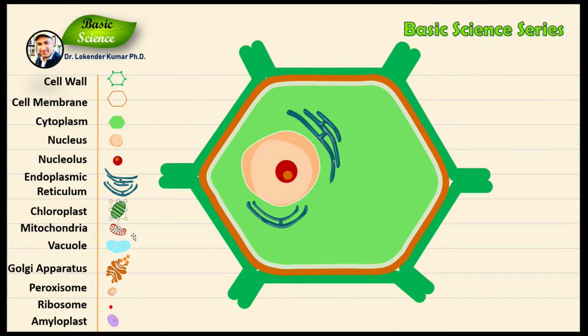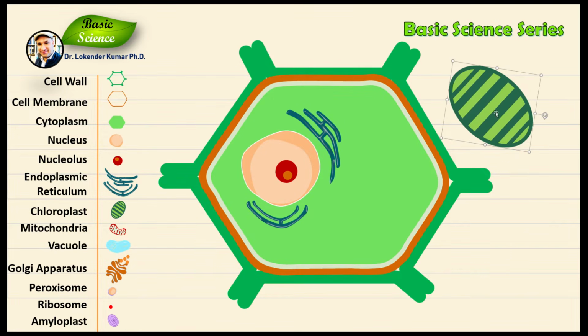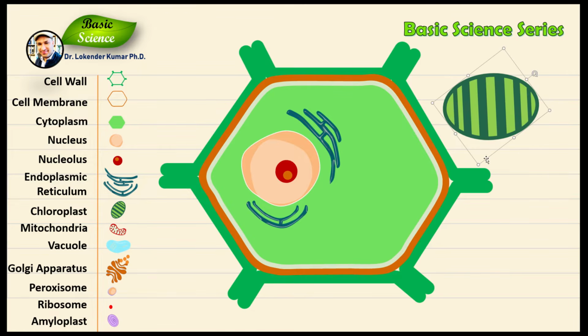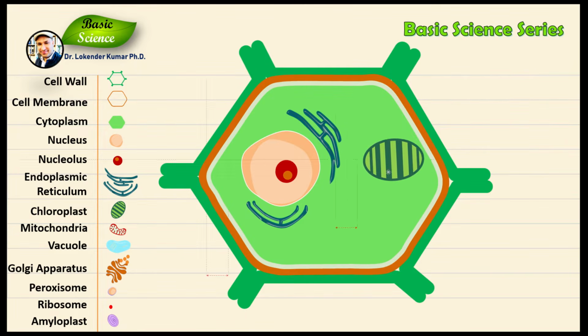Now I'll simply drag the next structure, which is the chloroplast, and we all know this is really important for the plant cell to survive, right? Because it performs photosynthesis, and we all know that the important component required for most animals, that is oxygen, is generated because of this organelle.